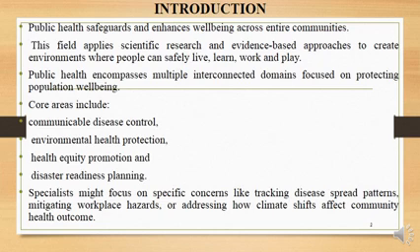So it encompasses communicable disease control, how to control diseases that are communicable; environmental health protection, where they ensure the sanity and cleanliness of the environment; and health equity promotion, which ensures that everybody, both male and female, poor and rich, have access to health facilities and care. Then disaster readiness and planning.